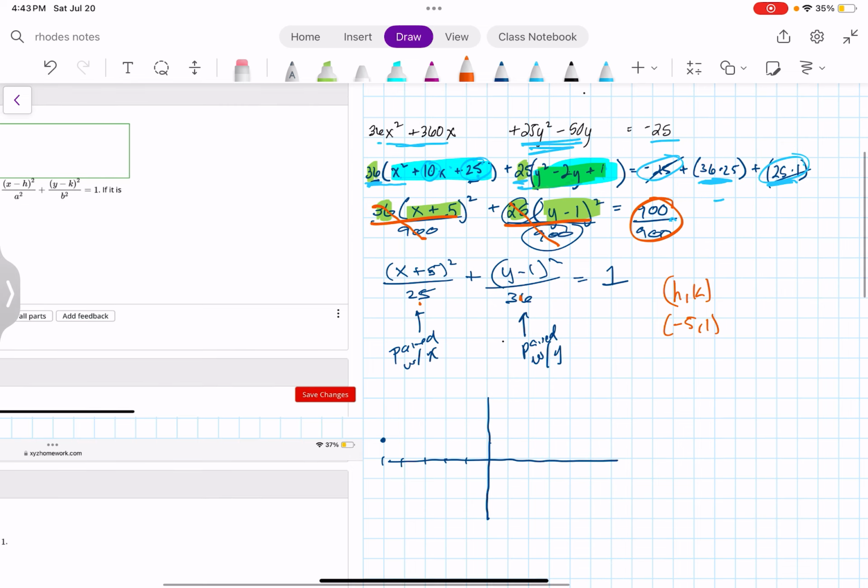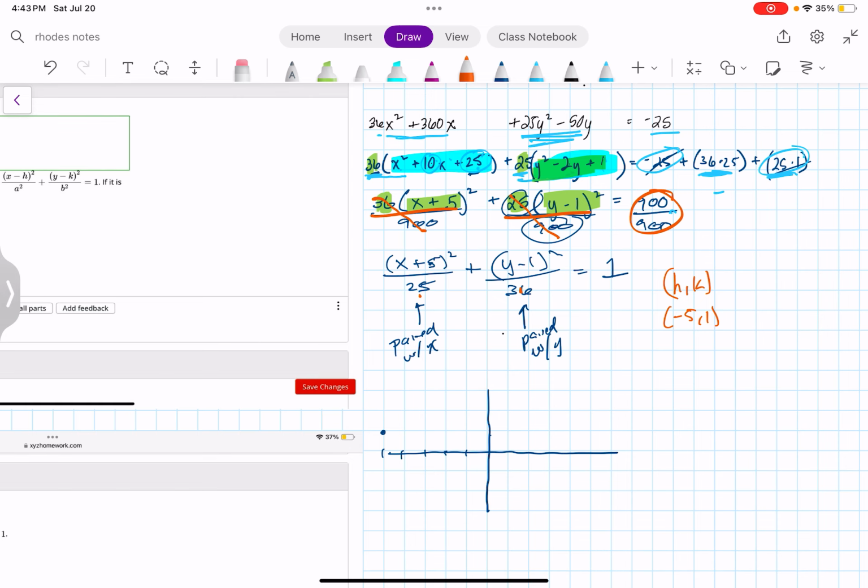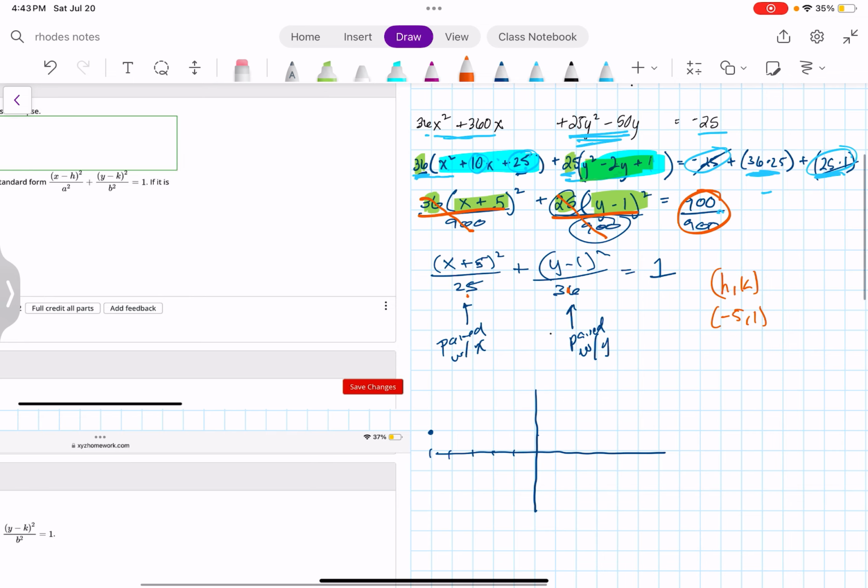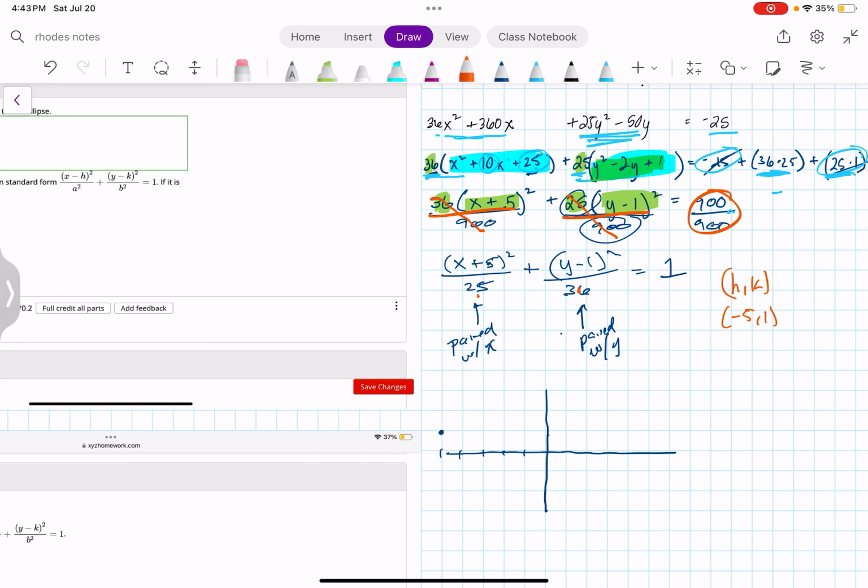Now, what we need to realize is if I were to put the center of my ellipse at -5, 1, okay? Now, because this is with the x value, and I'm not going to talk about a and b right now, but it's with the x value, that tells me that's the horizontal axis right now. And this would be like 5 squared.